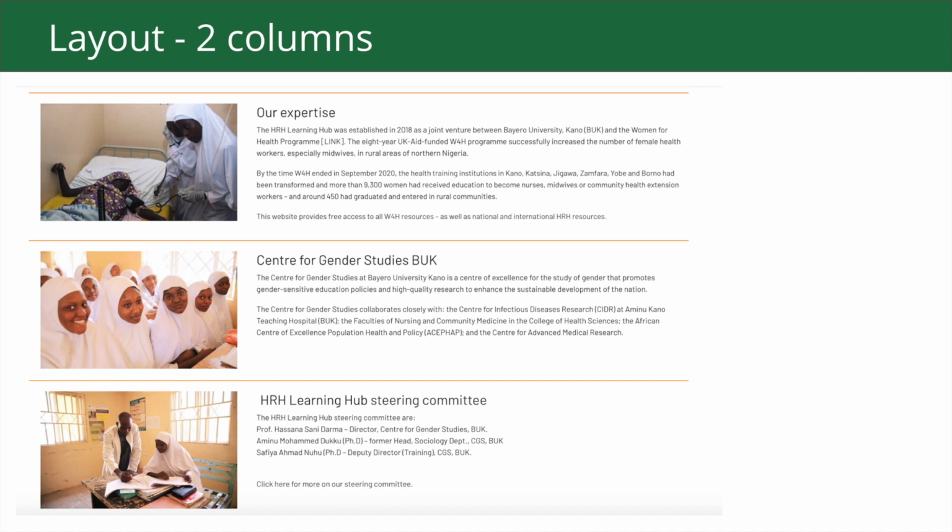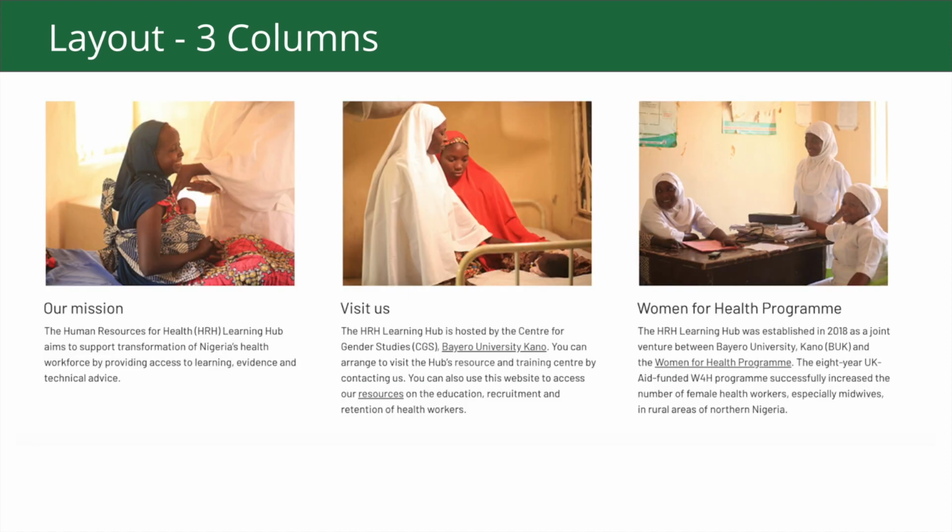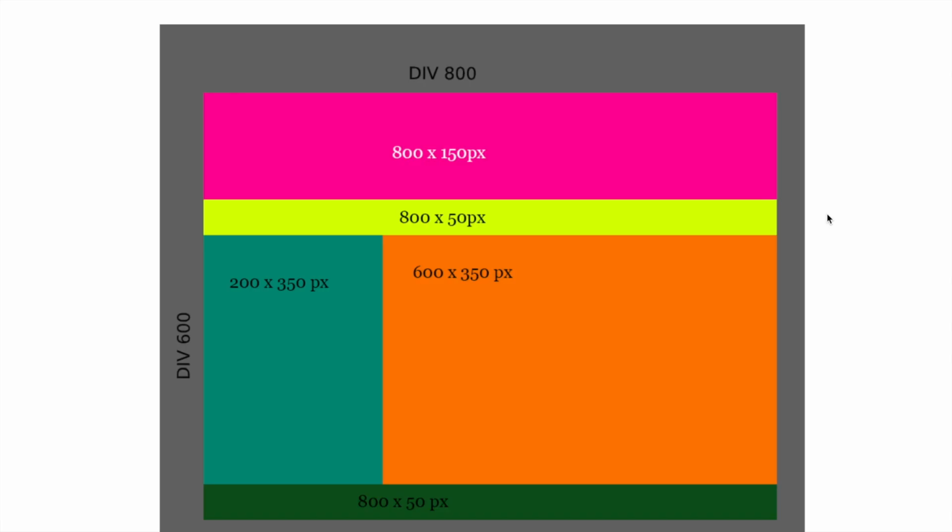For example, you can have two columns, and decide if you want the left column to be 20% and the right column 80%, or 50% and 50%. And then we use quite a lot of three columns, which is a good way to break the content. You can use images on top, or, as Sabrina mentioned yesterday, you can also use icons.